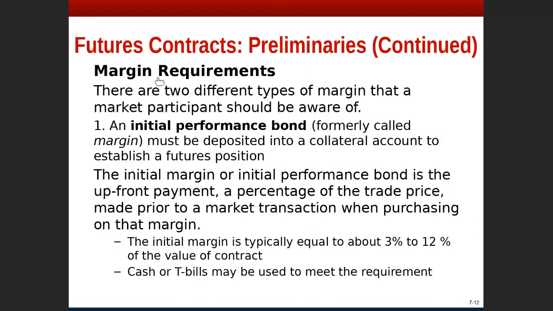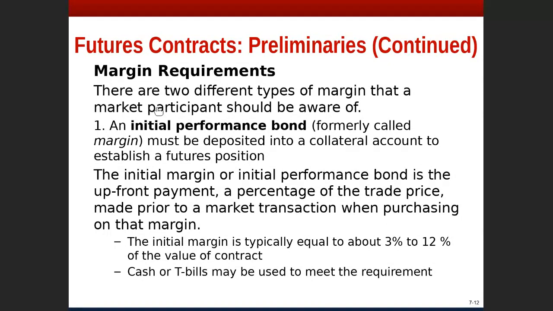Okay. Margin requirements: there are two different types of margin that a market participant should be aware of. An initial performance bond must be deposited into a collateral account to establish a futures position. And you do this whether you're buying or selling the futures.